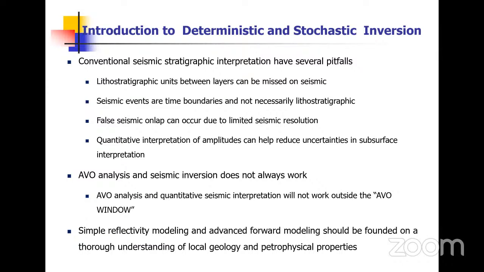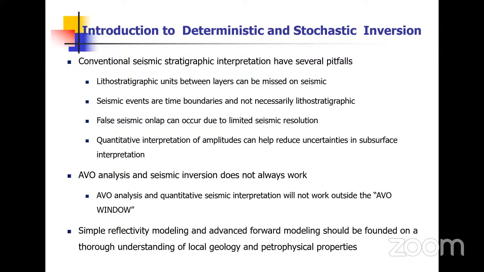I'm using my seismic to interpret this, to map that. The facies I want to map or interpret, is it thick enough to be seen by seismic? These are some of the inherent challenges.